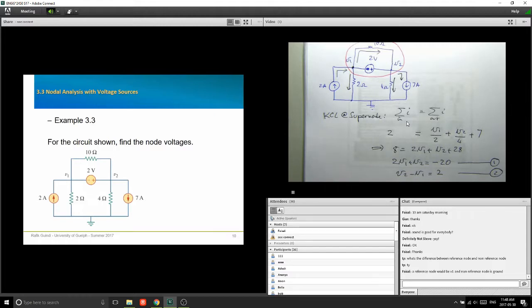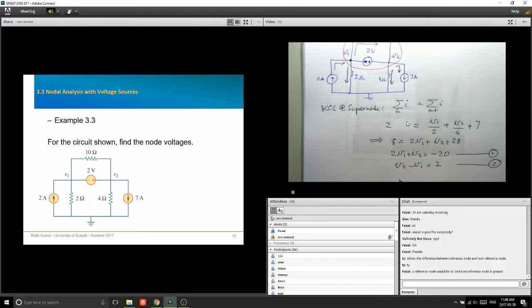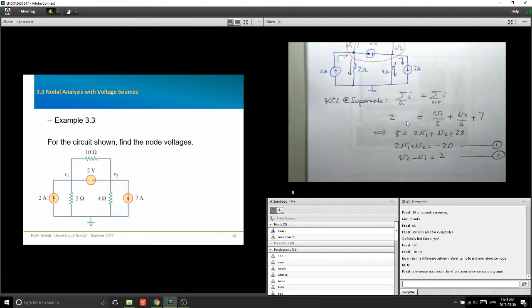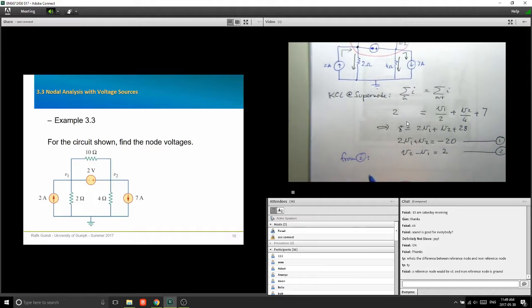So now you need to solve these two equations simultaneously. I mean, we can do it from here. I can say V2 equals V1 plus 2. So 2V1 plus V1 plus 2 equals minus 20. 3V1 equals minus 22.